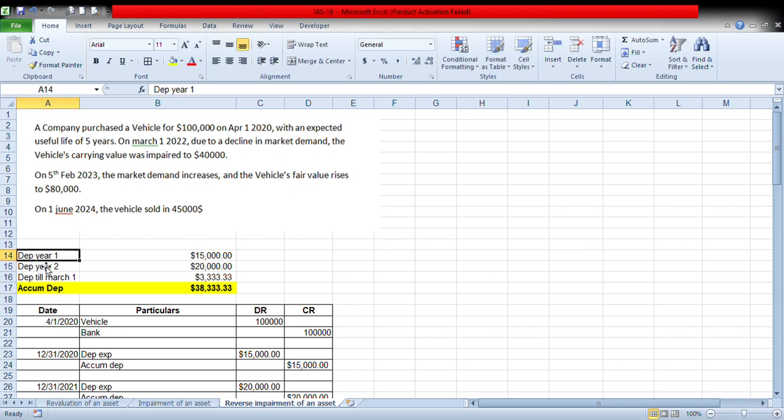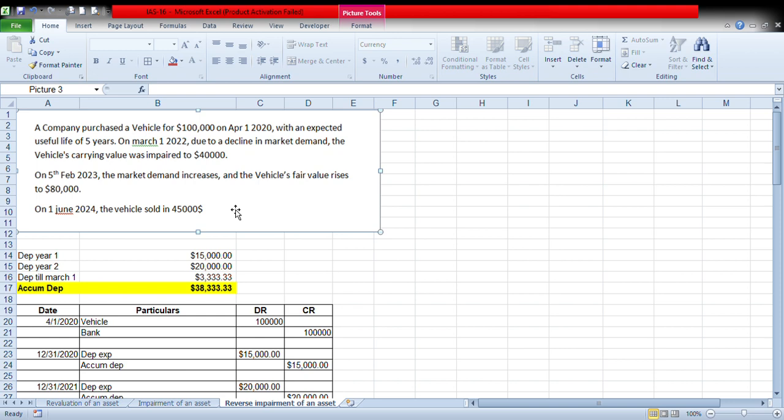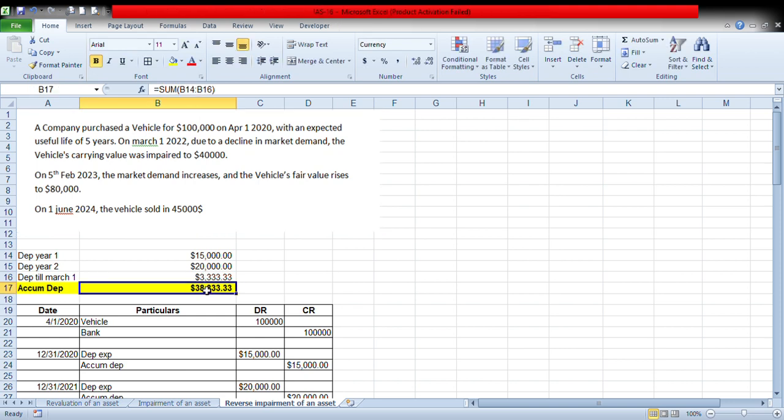So depreciation year 1, as you know, we purchased the asset on April 1st, so we calculated 9 months depreciation. Then the next depreciation is the full year 2021, so $20,000. I am using straight line without salvage value, right? Then the total accumulated depreciation before impairment.